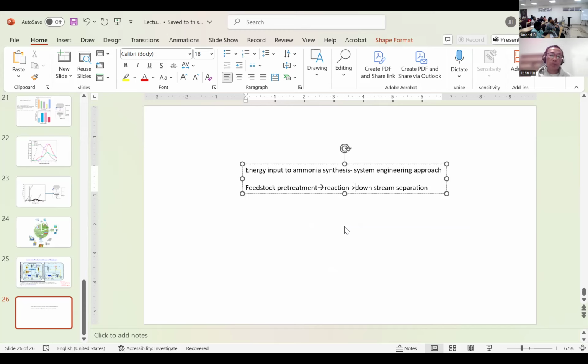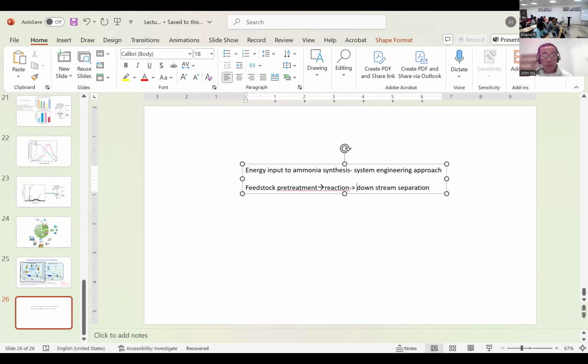Typically in the Haber-Bosch process, preheating is a heat exchanger because the reactor releases a lot of heat. You do the heat exchanging and then you preheat it. So that's the Haber-Bosch process. And then reaction, which means how much energy you put in the reactor, and then downstream separation.